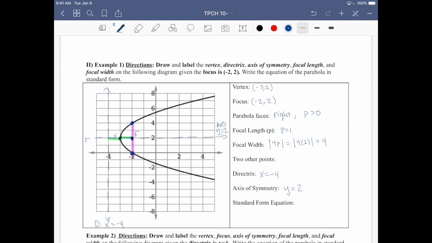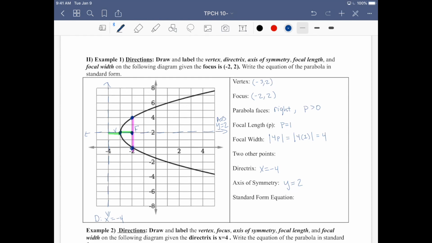So you can use the formula to find the focal width, or you can use the graph if you have one to find it. The two other points are the ones we actually drew when we were finding the focal width graphically, which is -2, 4 and -2, 0.